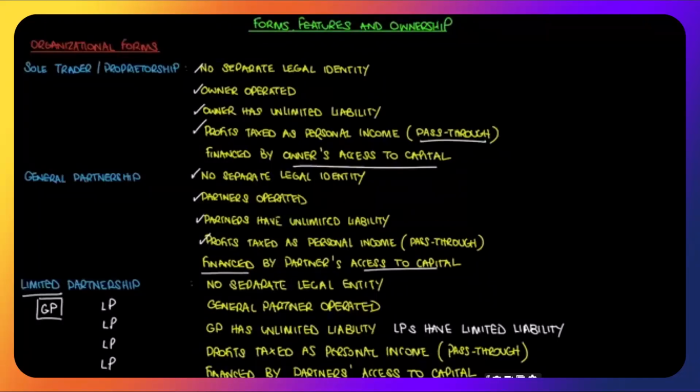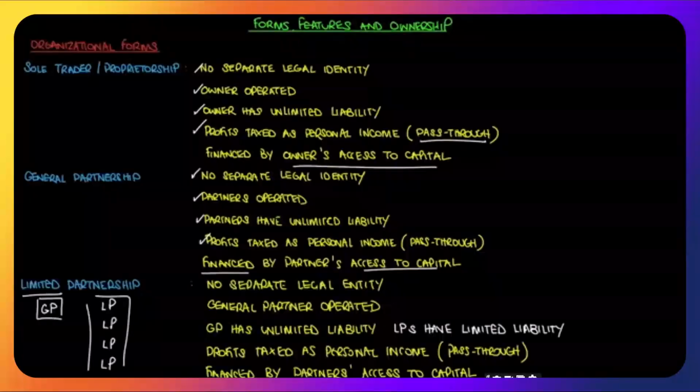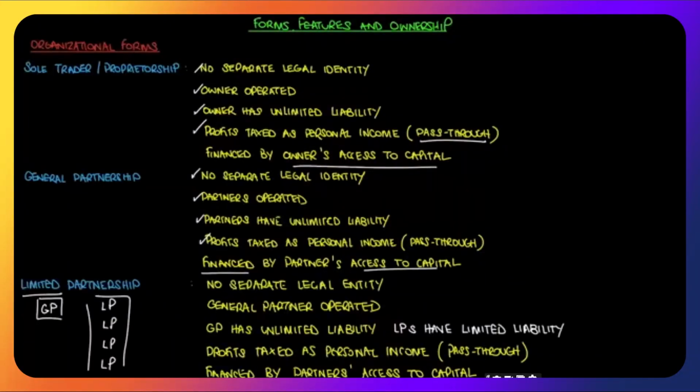So this is our first glance at a business setup where some of the owners, here the limited partners, are not directly involved day to day in running the business. It is operated instead by the GP, the general partner. That general partner still has unlimited liability, just like a sole trader, just like the general partnership.